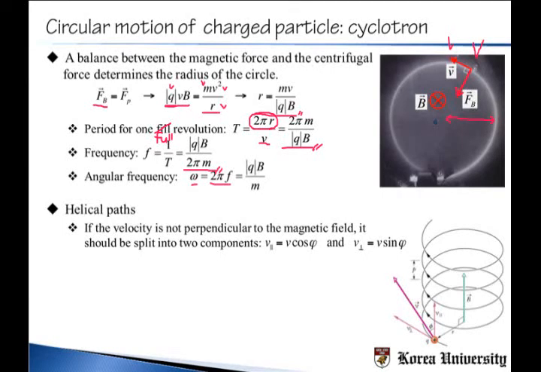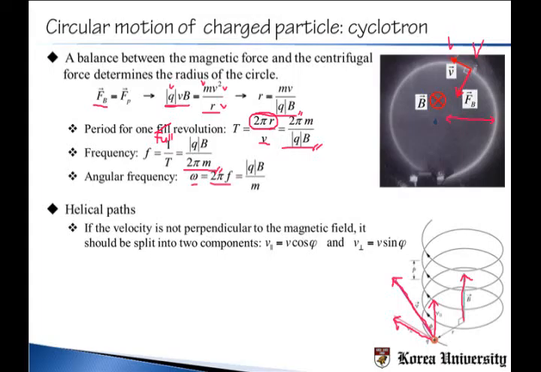For example, here we have the magnetic field going like this, and the velocity vector is pointing in an arbitrary direction. How can we understand what is going to happen in this case? The velocity is a vector, so we can split it into two components: one parallel to the magnetic field, and the other perpendicular to the magnetic field. Then think about them separately, and combine later.